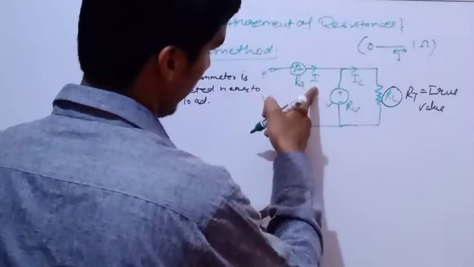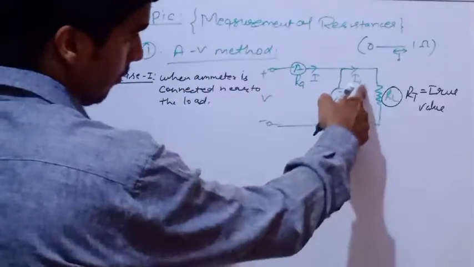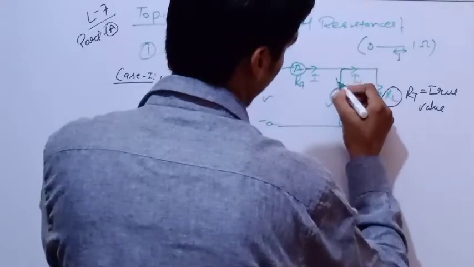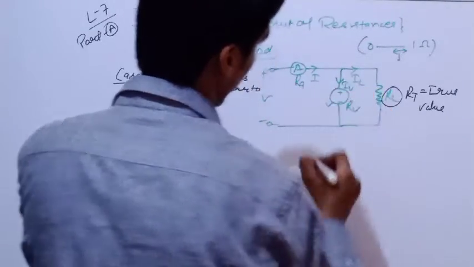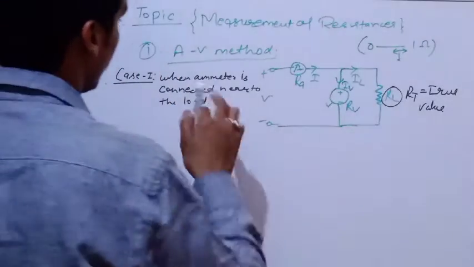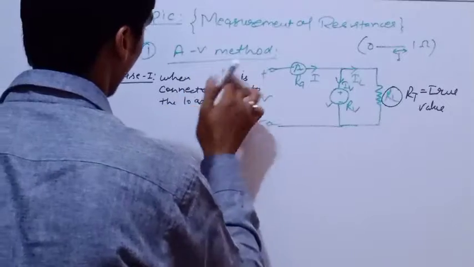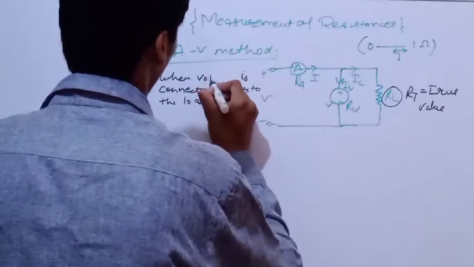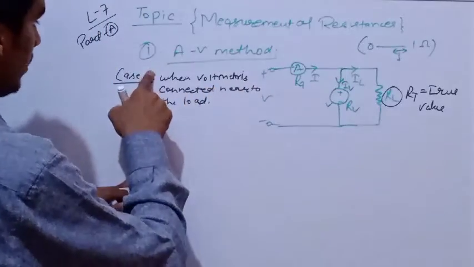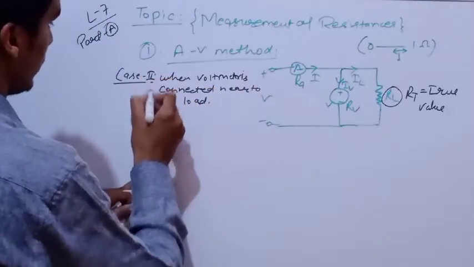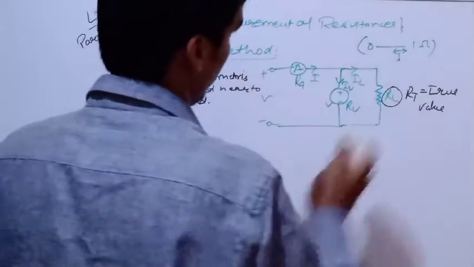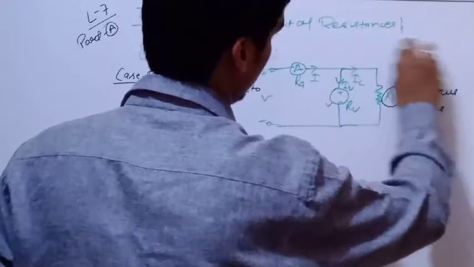This is the reading of I, and this is the current flowing through the load resistance RL, and this is the current flowing through the voltmeter, IV. When the voltmeter is connected near to the resistance, this is case number two, and the remaining all will remain like this.